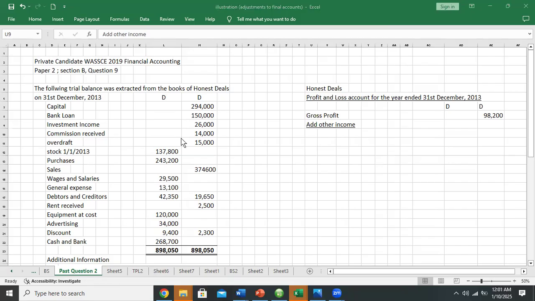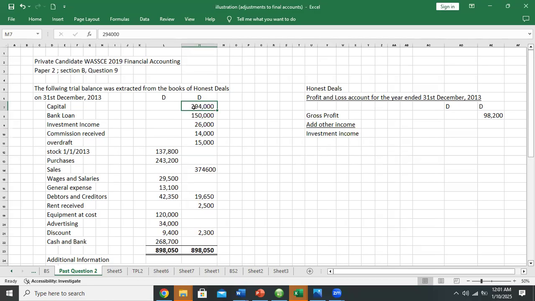Please, I think the income is it 26,000? Yes, okay. So the first one is the investment income, right? The income you are getting from your investment. So investment income, that's the first one. Well, let's appreciate the things there. The first one is capital. We all know capital is not an income, right?